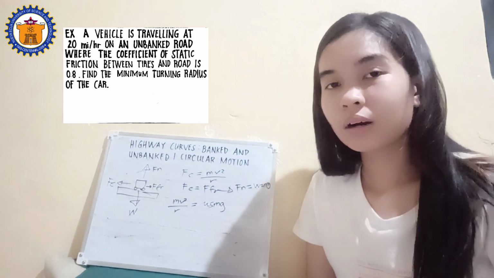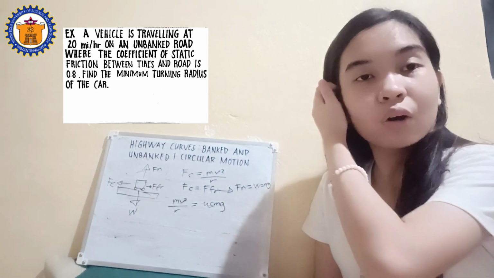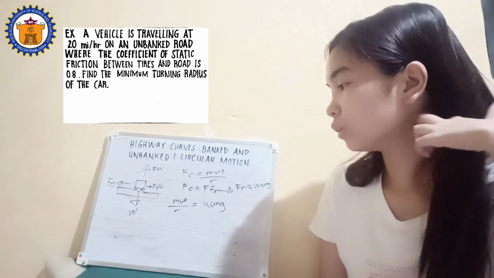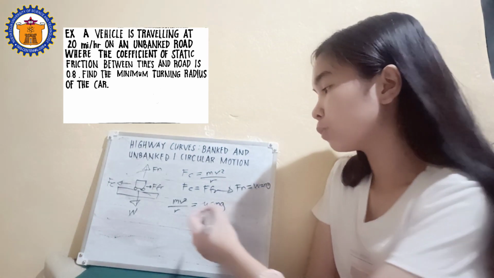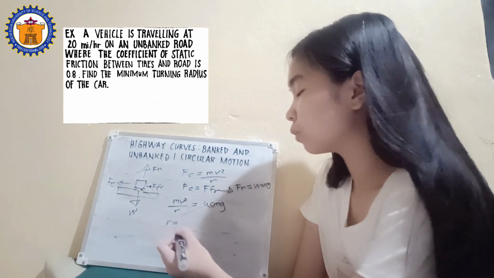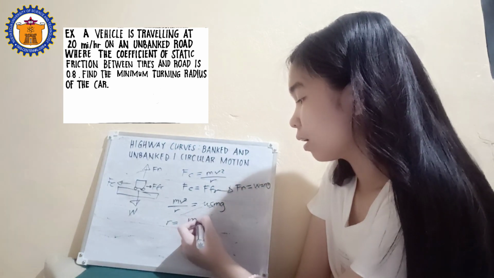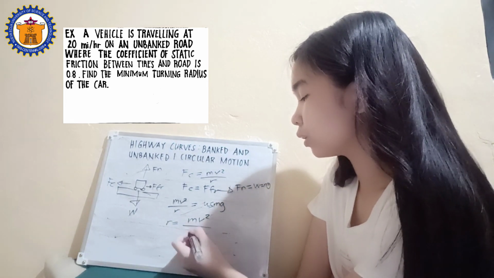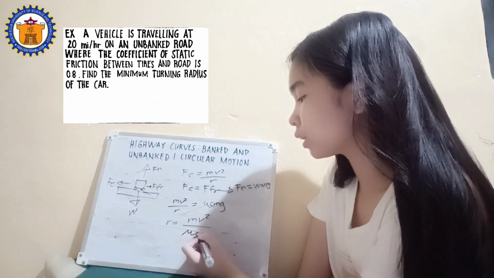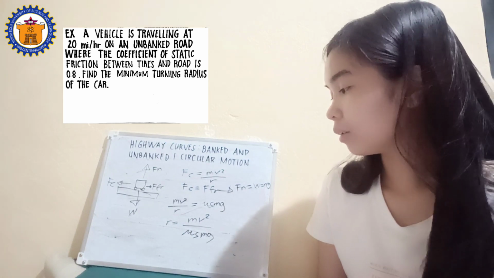So, to solve for the maximum turning radius, we cross multiply so that radius remains. So, radius is now equal to mass times velocity squared over coefficient of static friction times mass times gravity.